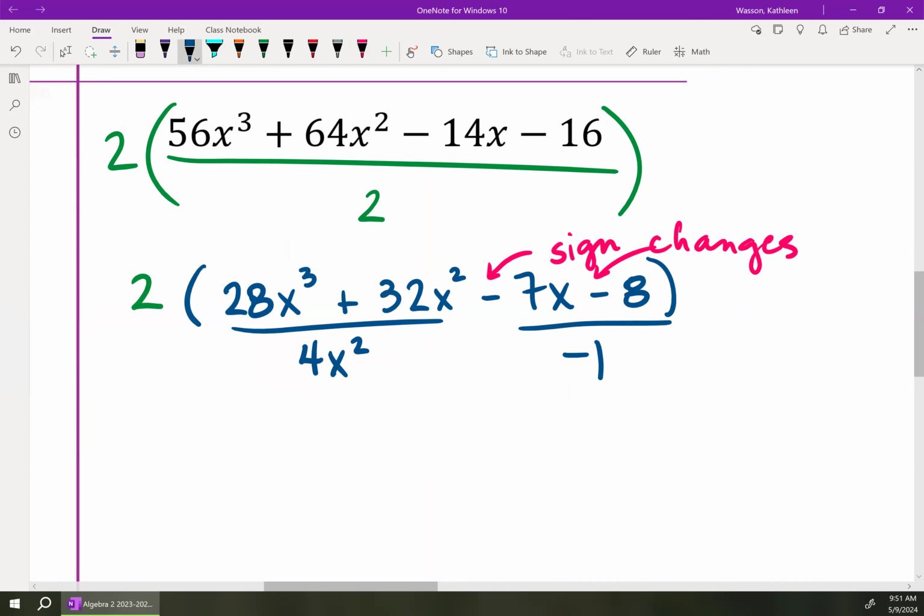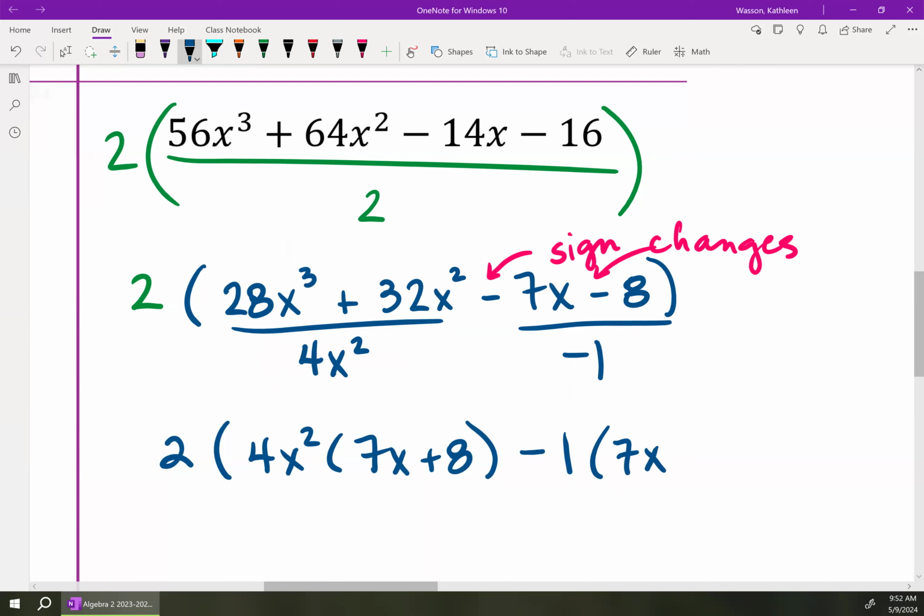I can rewrite this again as 2 times 4x squared times 7x plus 8. And then the -1, I factored out of the second group. And if I divide both of those terms by -1, I change the signs.